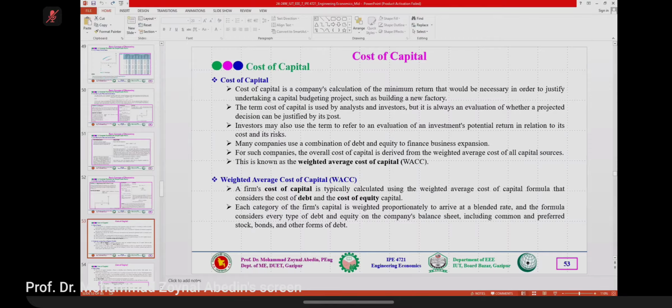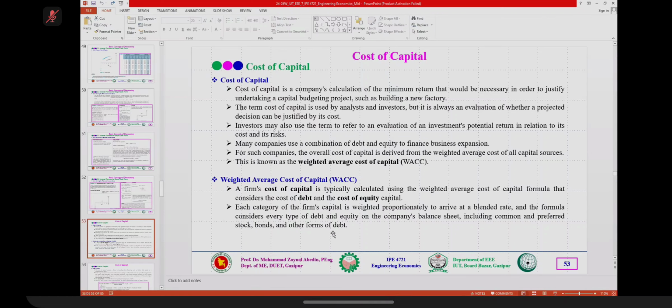Weighted average cost of capital, let's talk about this one in detail. A firm's cost of capital is typically calculated using the weighted average cost of capital formula that considers the cost of debt and the cost of equity capital. There are two costs of capital: one is the cost of debt, another one is the cost of equity.